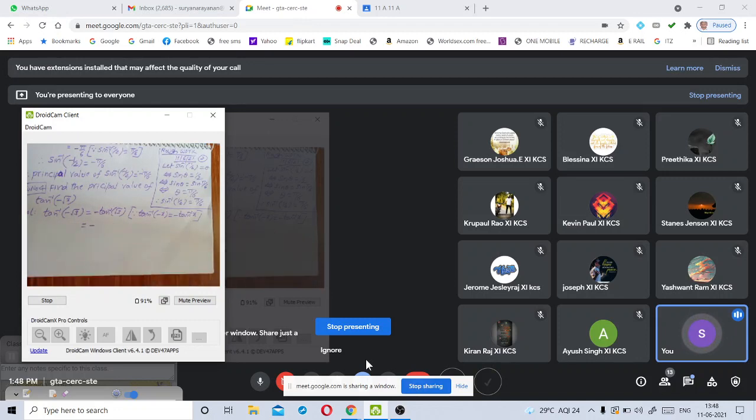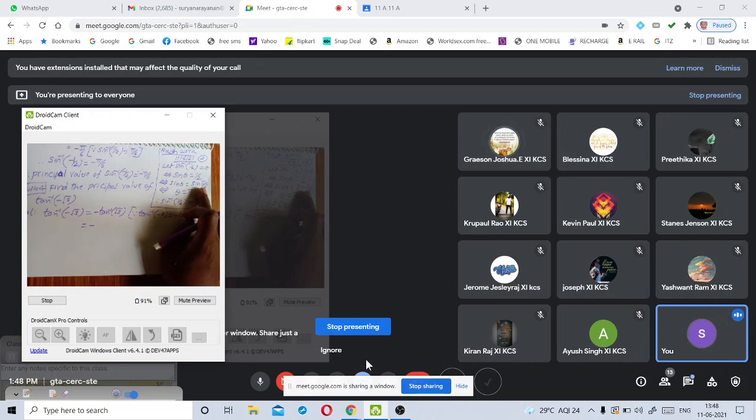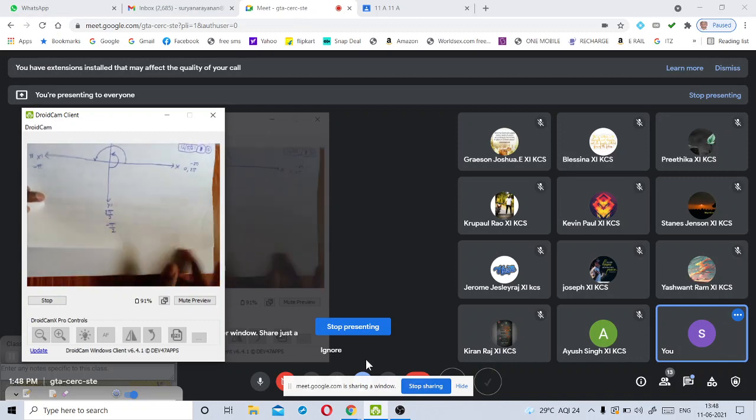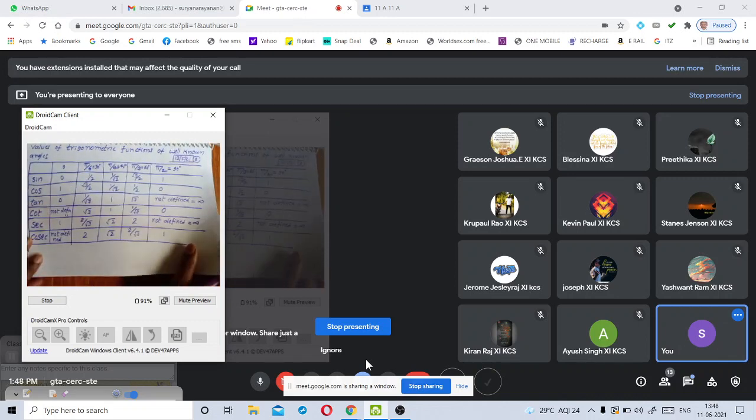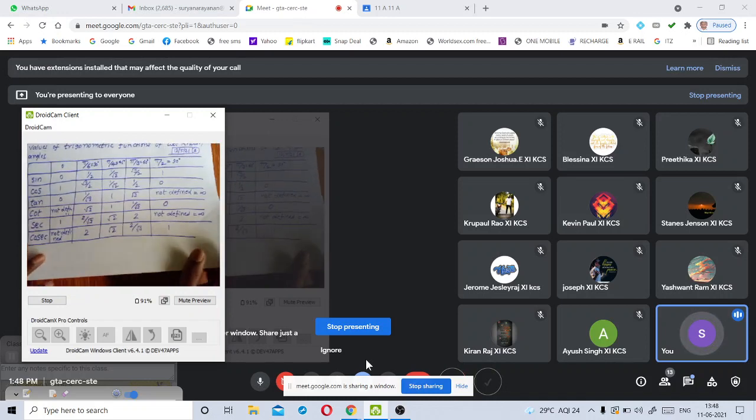Can you tell me now what is the value of tan inverse of root 3? Will you do this rough work and tell me the value of tan inverse of root 3? So pi by 3. See this table, my dear children, previously I gave.